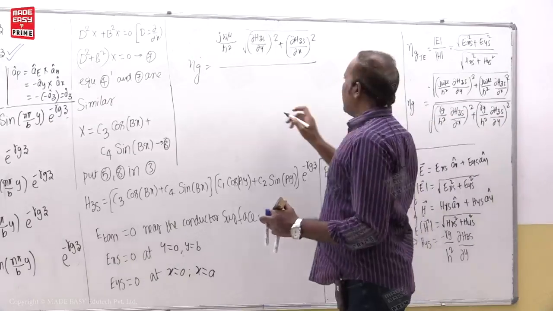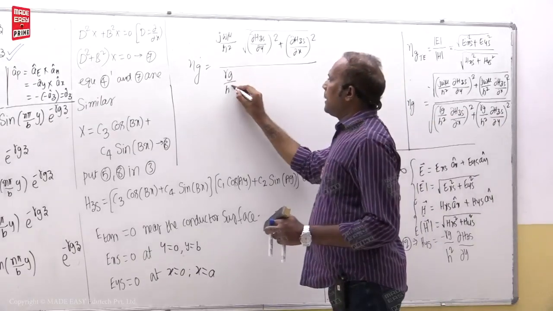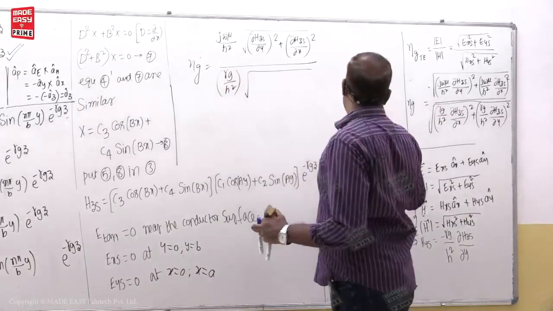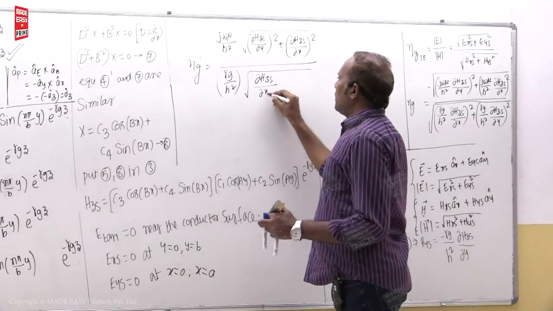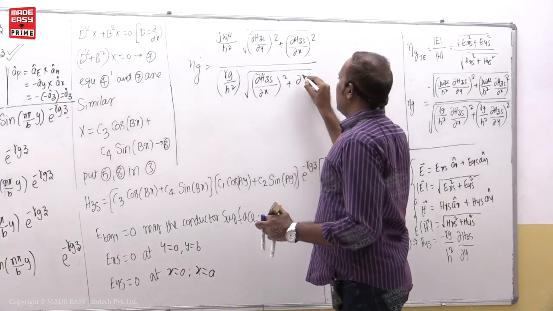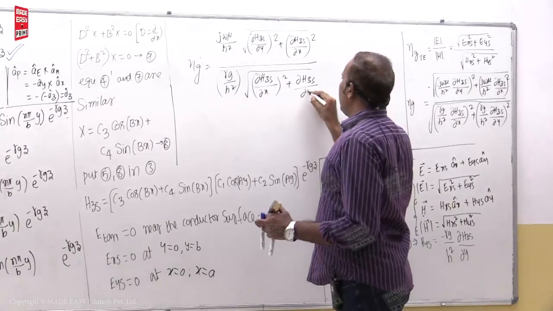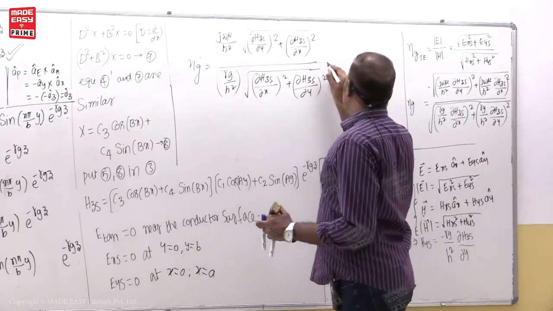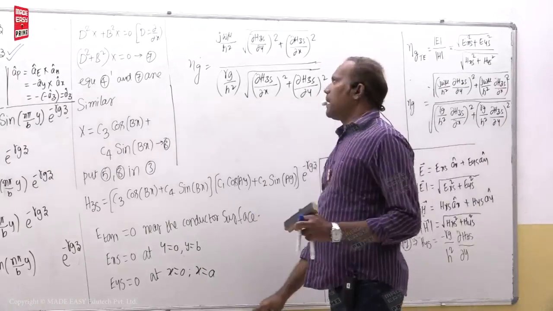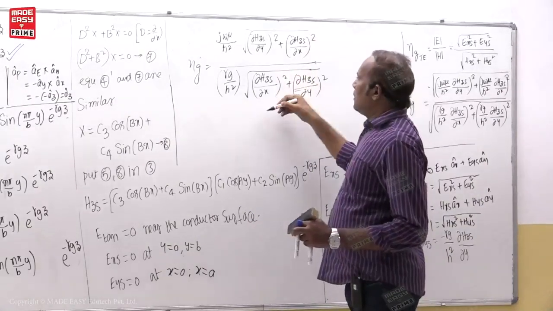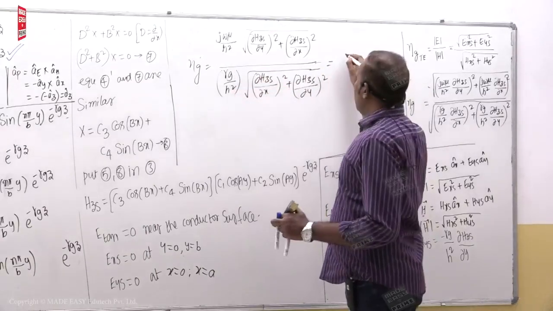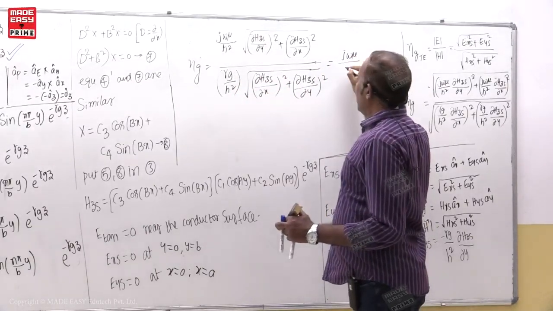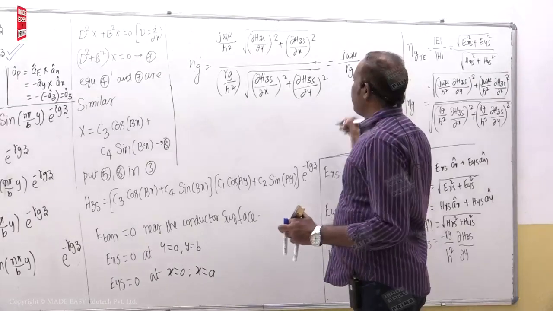Now here the bottom side gamma g by h square comes out, once again dou hzs by dou x square plus dou hzs by dou y square is the common. This is gone, but ultimately h square goes, so you get j omega mu divided by gamma g.